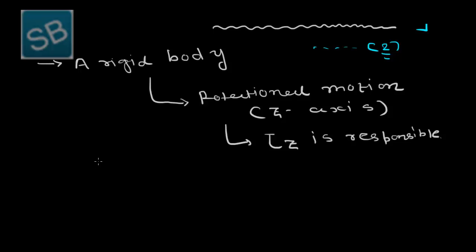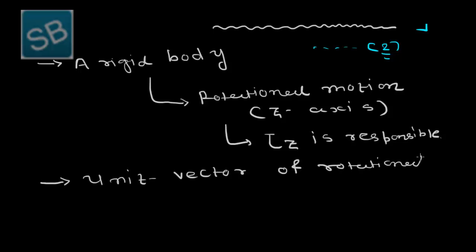As a general case, if the unit vector of the rotational motion is n cap, then the n cap component of the torque is responsible for rotational motion, because no other axis is responsible for the motion.